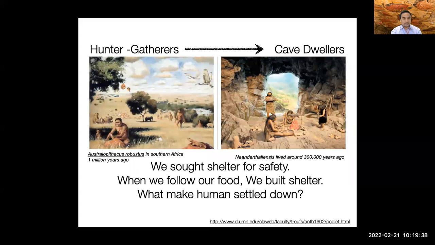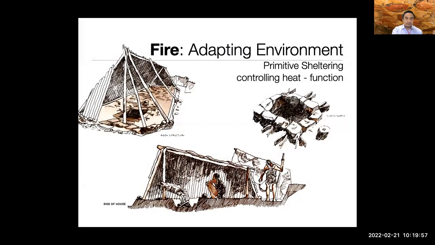We stopped following food. We stopped following animals. We began to domesticate animals. We began to do farming, right? We stayed in the cave. We do farming. We plant rice, barley, and then we began to adapt to the environment.